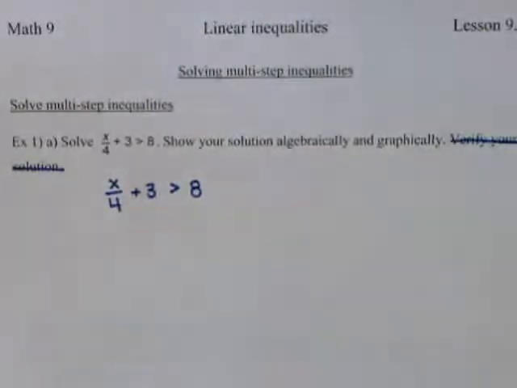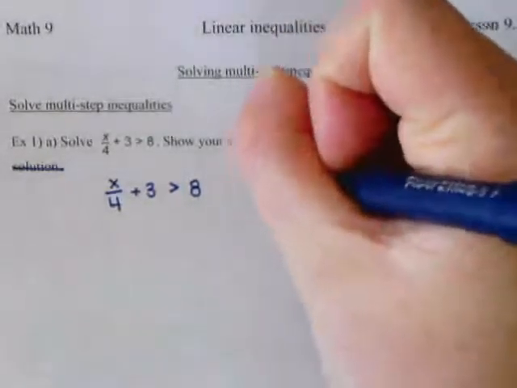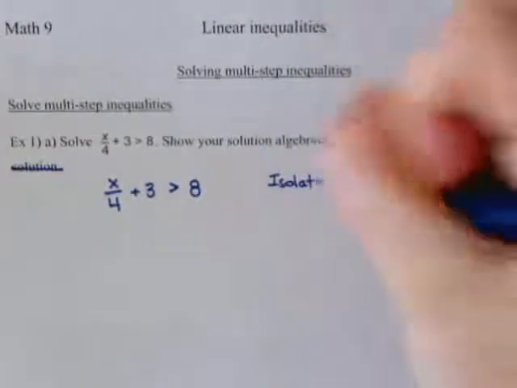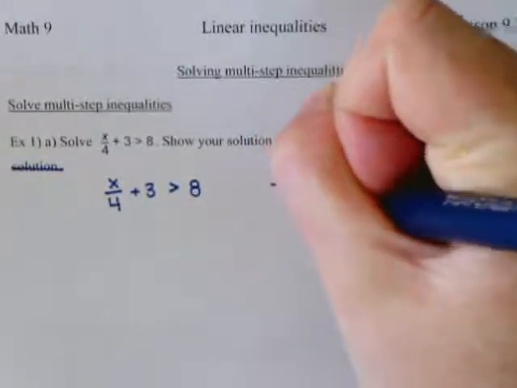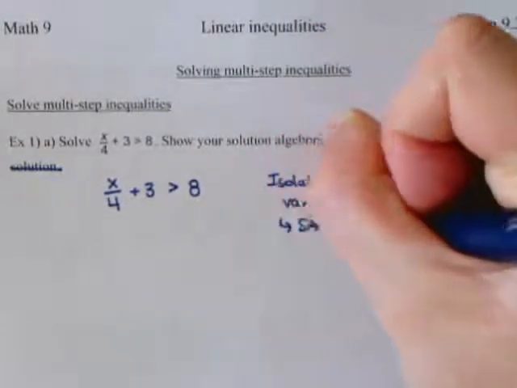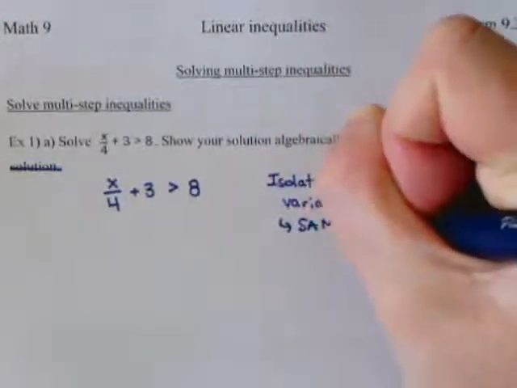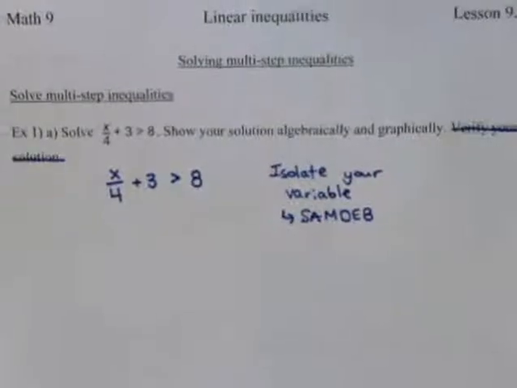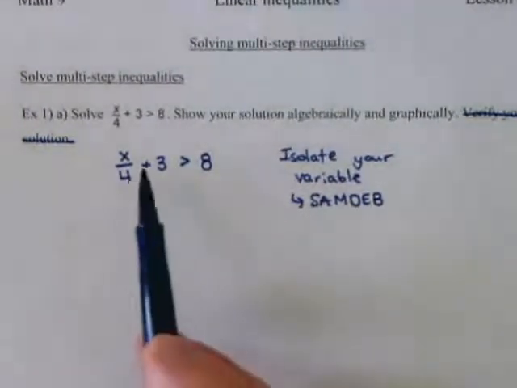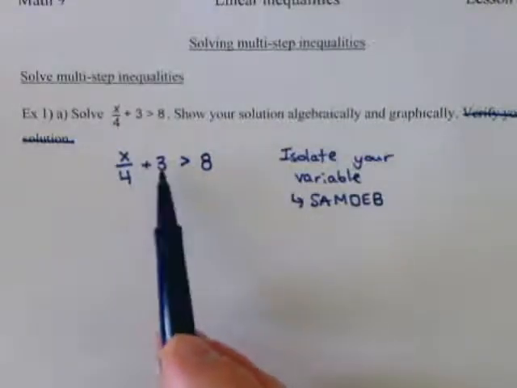So we want to start with isolating a variable. As you're doing that, you always want to think BEDMAS backwards. So SAMDEB, okay? First things first, you look on the side with your variable and you say, what do I have here? I have a division and I have an addition.